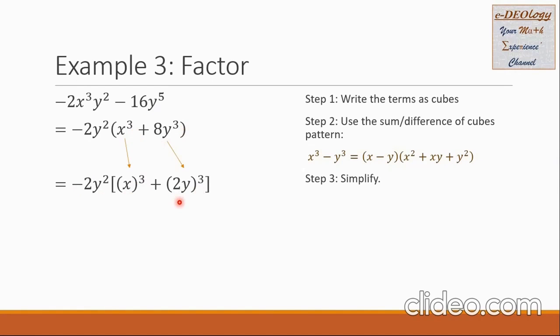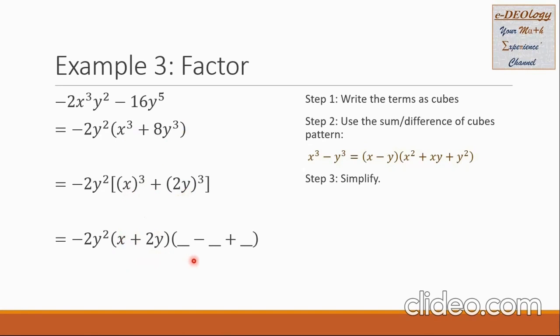We expect binomial times trinomial. So in our binomial, let us now write the x followed by the positive sign followed by the 2y. So our binomial is x plus 2y.